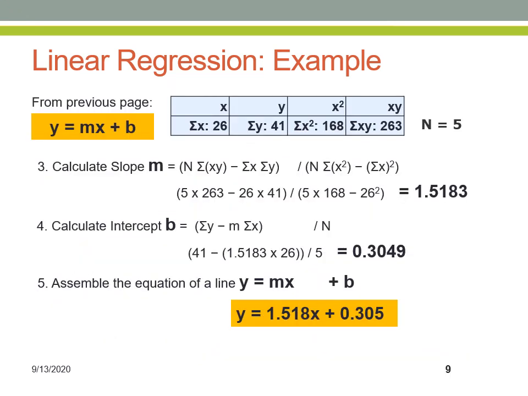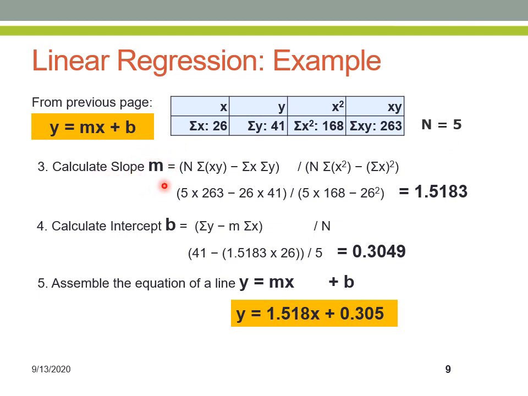From our previous page, we remember that we are looking for y equals mx plus b. We have these values calculated that we need in order to calculate our slope, our intercept, and then assemble our entire equation. And we also know that our n, that is the number of data points that we have, is 5. So first we're going to calculate our slope m.